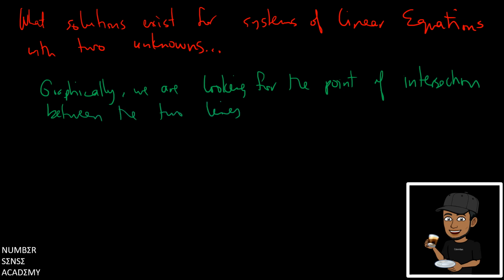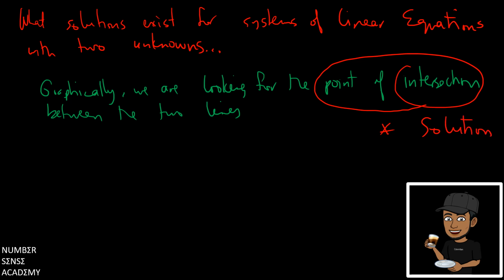So wherever they cross, we say that's the solution. Okay, so the point where they intersect, this is the solution. And it's going to be a solution that has x, y values. So some value of x, some value of y.